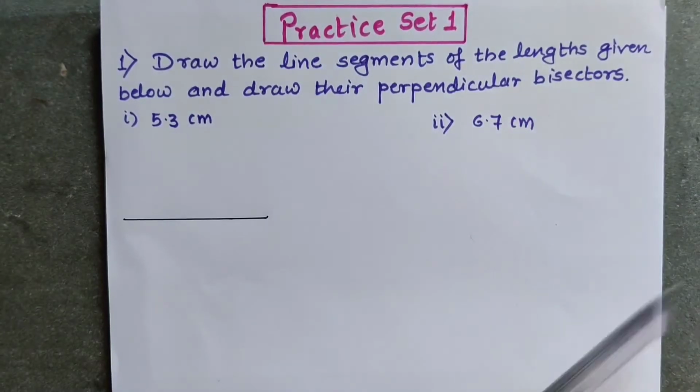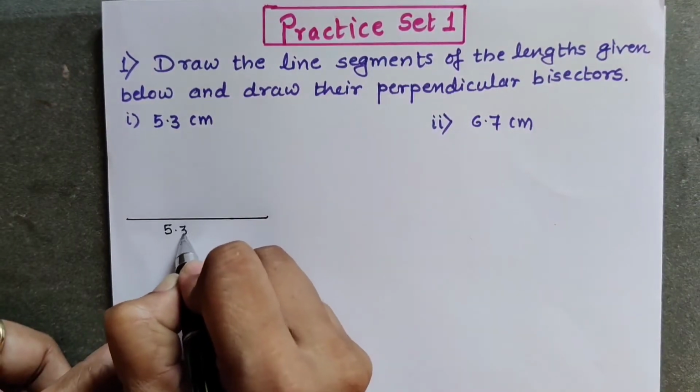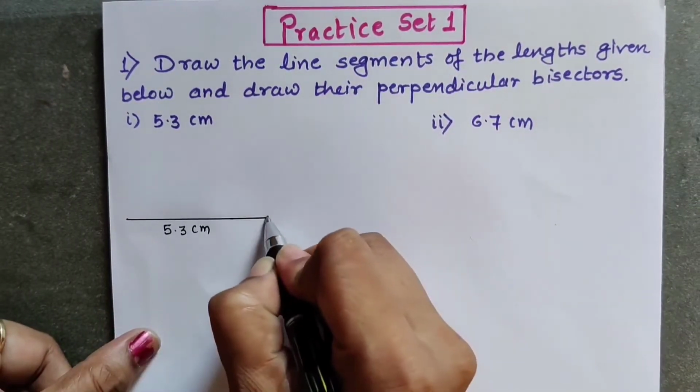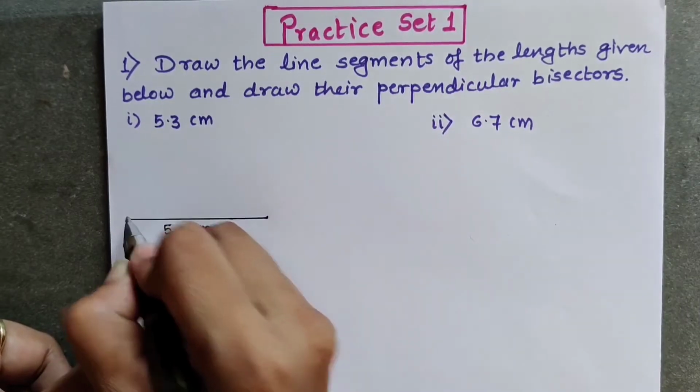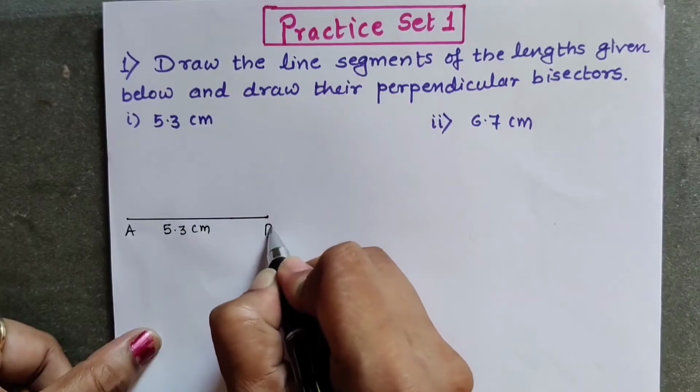In this way we have drawn a segment of 5.3 centimeter long. I am writing here 5.3 centimeter. Now these 2 points, you can give any name, maybe segment AB.